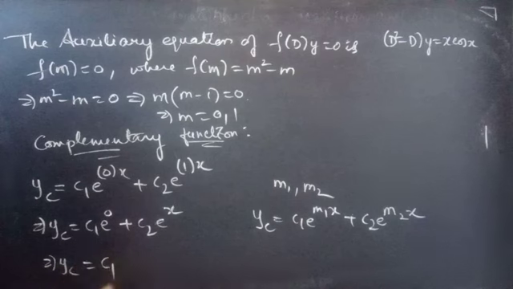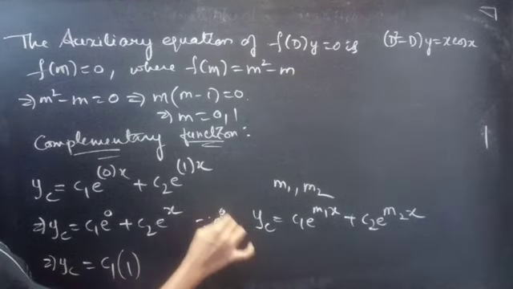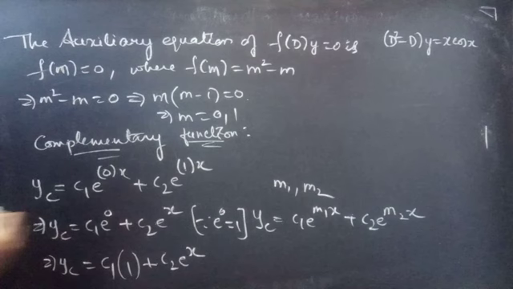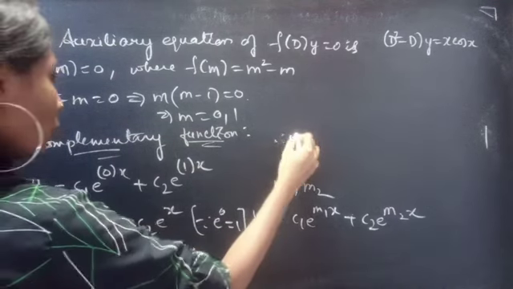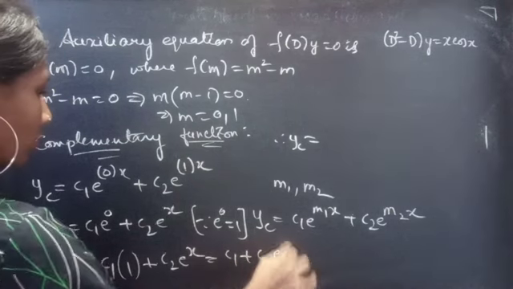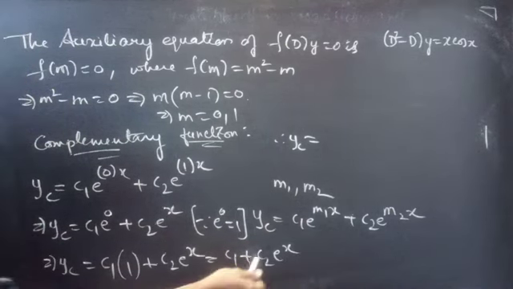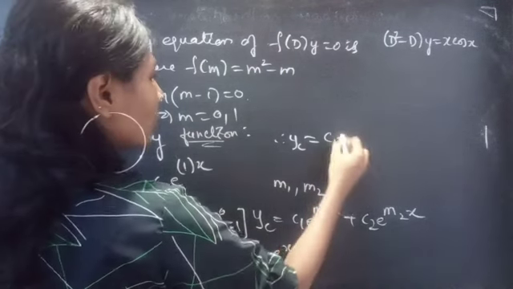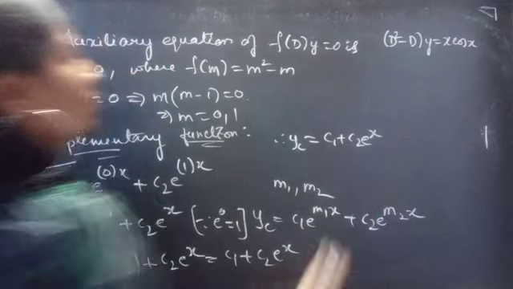Then yc becomes c1 into, we know that e⁰ is 1, so we'll get c1 into 1 plus c2 into e^x. Therefore, yc = c1 + c2 e^x.